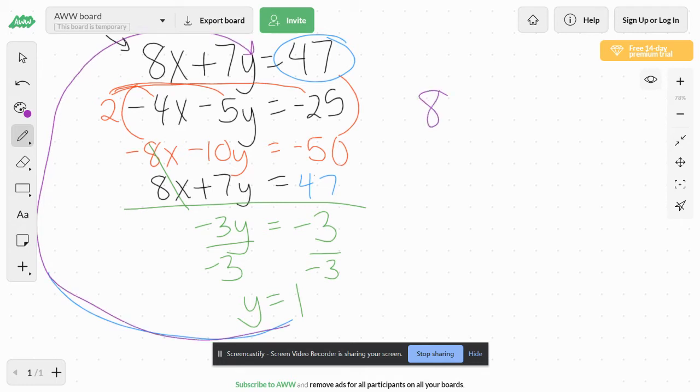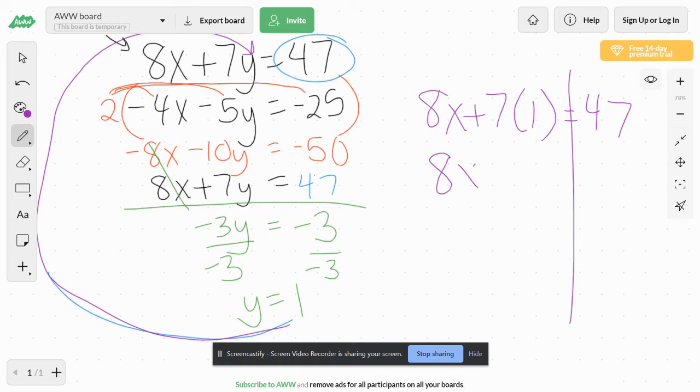So we have 8x plus 7 times 1 is 47. Then it becomes a two-step equation that you all are very good at solving by now. And you get 8x is 40.